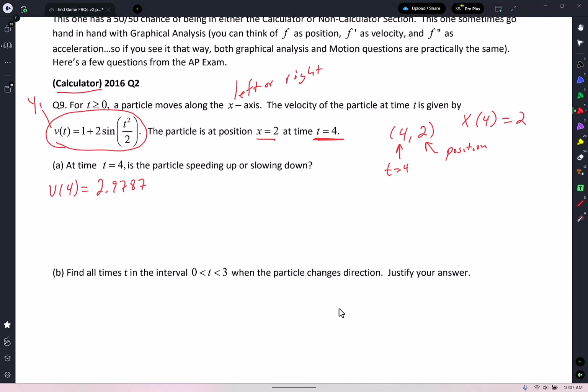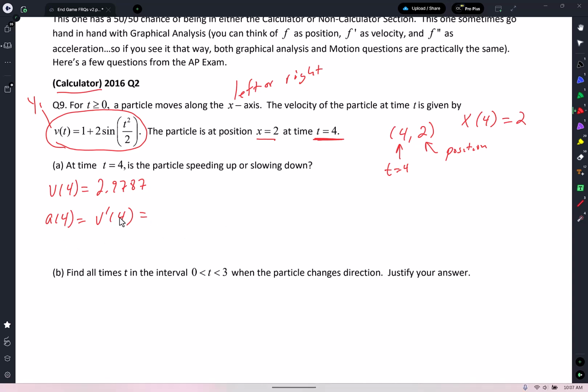Guys, you're taking a calculus test. Show them that you got the acceleration by taking a derivative. You don't have to be fancy. You just go a of 4, which equals v prime of 4. You just connected the acceleration to the derivative of velocity. And because this is a calculator section, do you have to show them the derivative by hand? No, you don't.